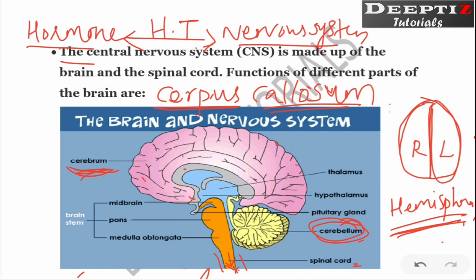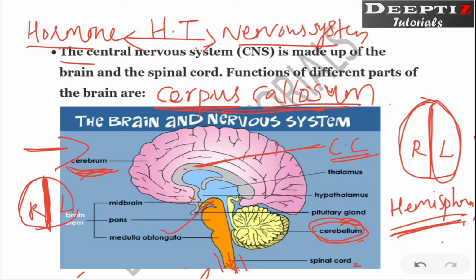But if you look from the front side, the cerebrum is divided into right and left hemispheres. These hemispheres are connected by a structure we call the corpus callosum. From the side view also you can see this structure, which connects the right and left hemispheres.